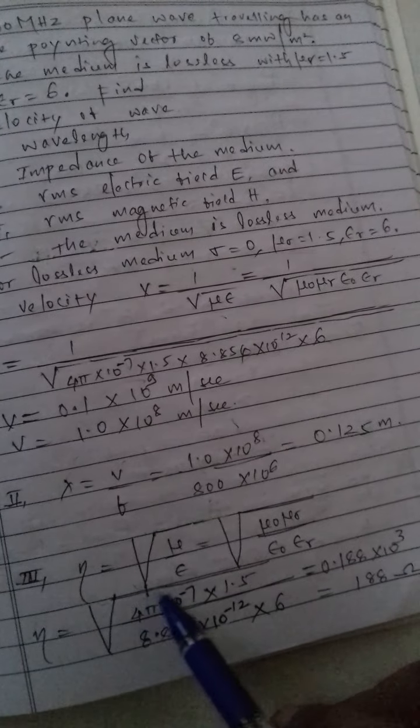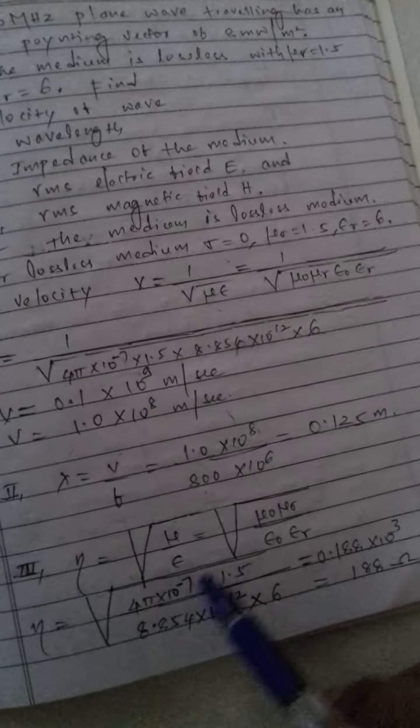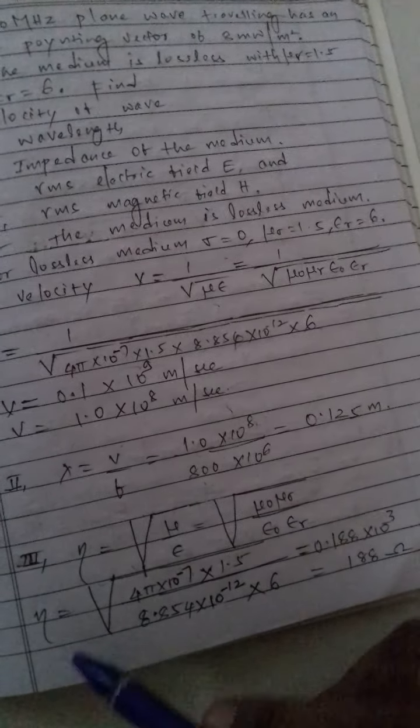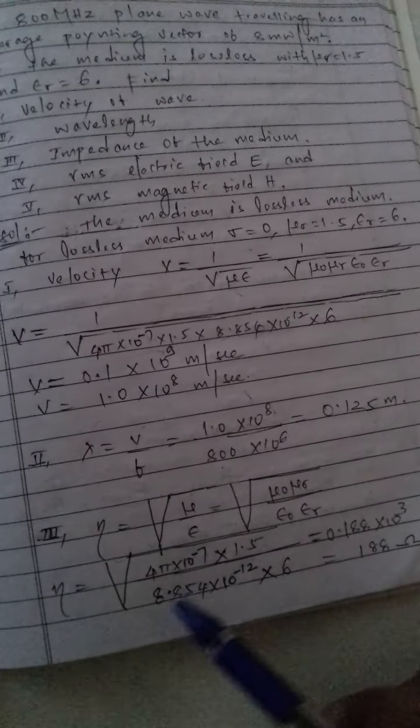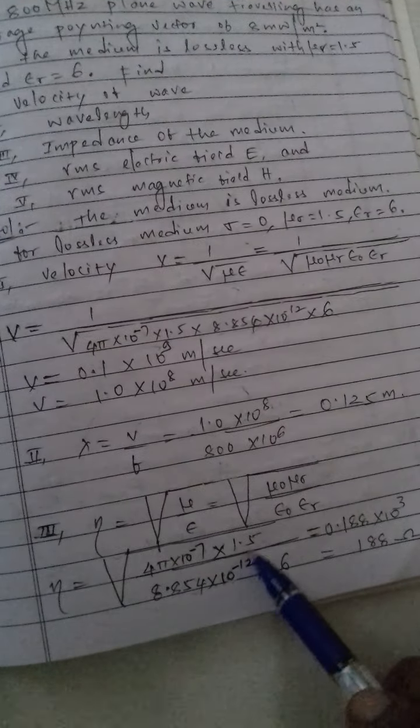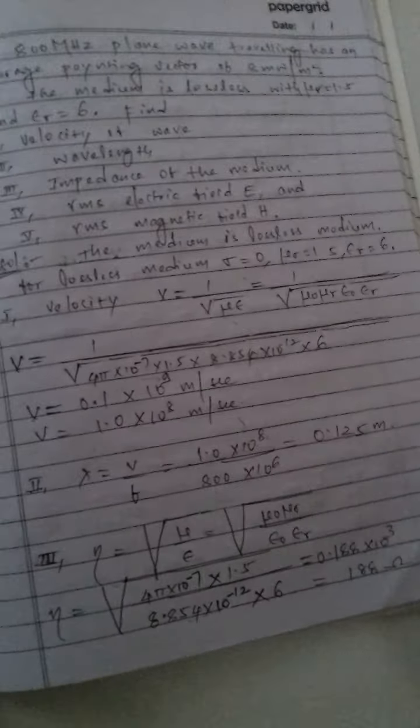And intrinsic impedance is square root of mu upon epsilon, mu naught mu r upon epsilon naught epsilon r, so neta is equal to square root of 4 pi into 10 raised to minus 7 into 1.5 upon 8.854 into 10 raised to minus 12 into 6, which is 188 ohms.